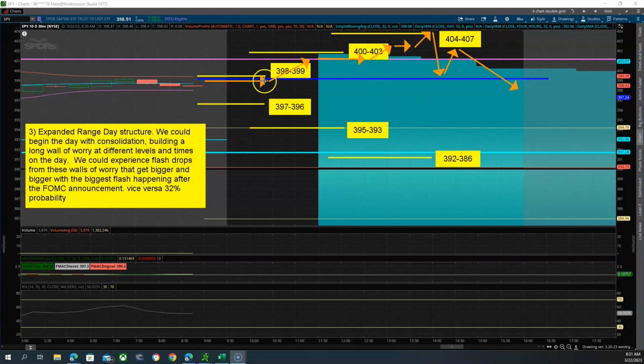So walls of worry, and I guess I should draw a flash drop that could possibly happen in here, getting us back up to that area, and then somewhere in here a flash drop. And then, like I said, the biggest happening after the FOMC announcement.